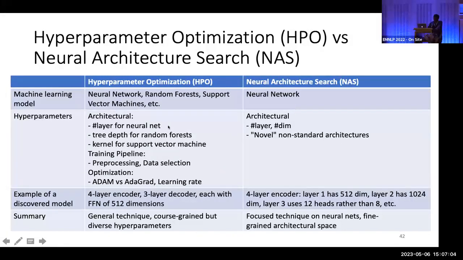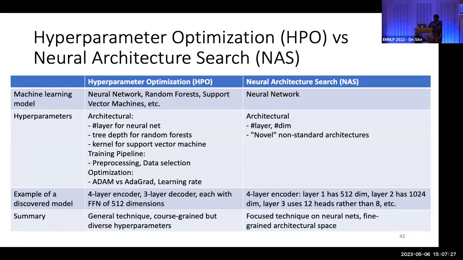And the second difference is pretty obvious. When we talk about hyperparameters, there are things other than architecture, like training pipeline and optimization hyperparameters. But when you're talking about neural architecture search, you're really focusing on the architecture. There's less focus on other things that are not in the architecture.